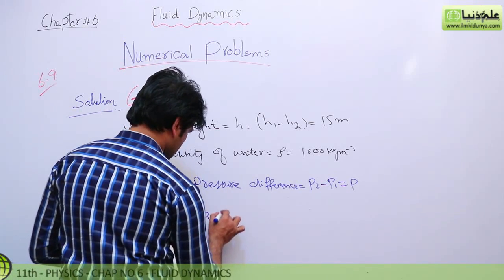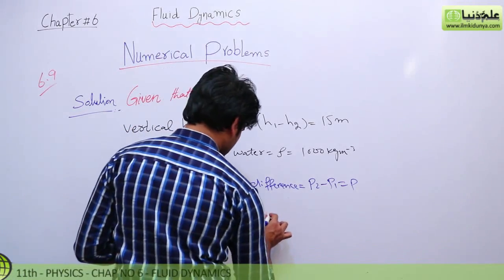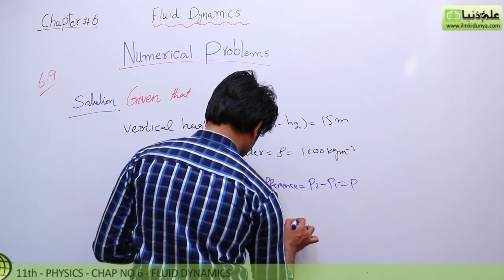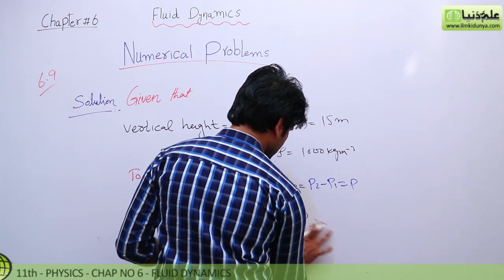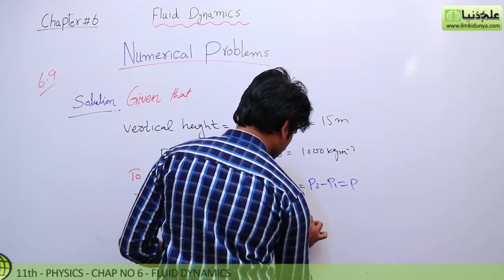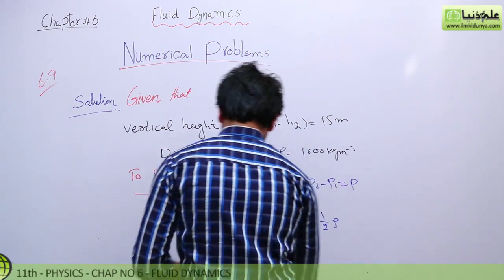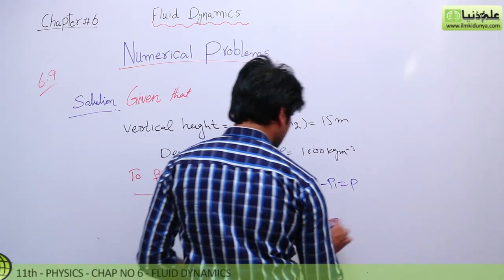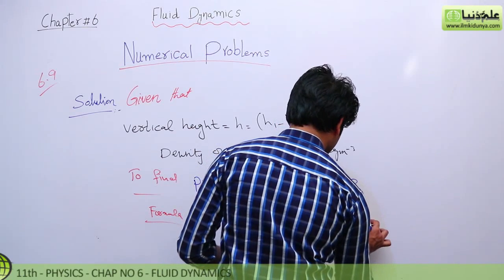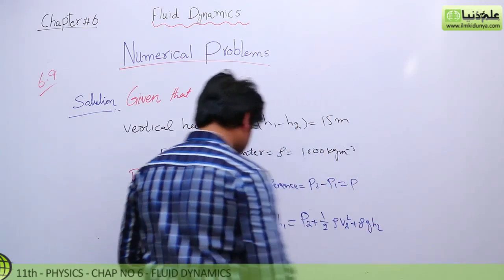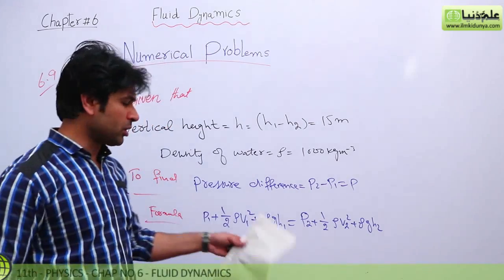So here I am going to write the formula: P1 plus half rho V1 square plus rho G H1 equals P2 plus half rho V2 square plus rho G H2. Okay, dear students, this is the basic Bernoulli's equation, Bernoulli principle.